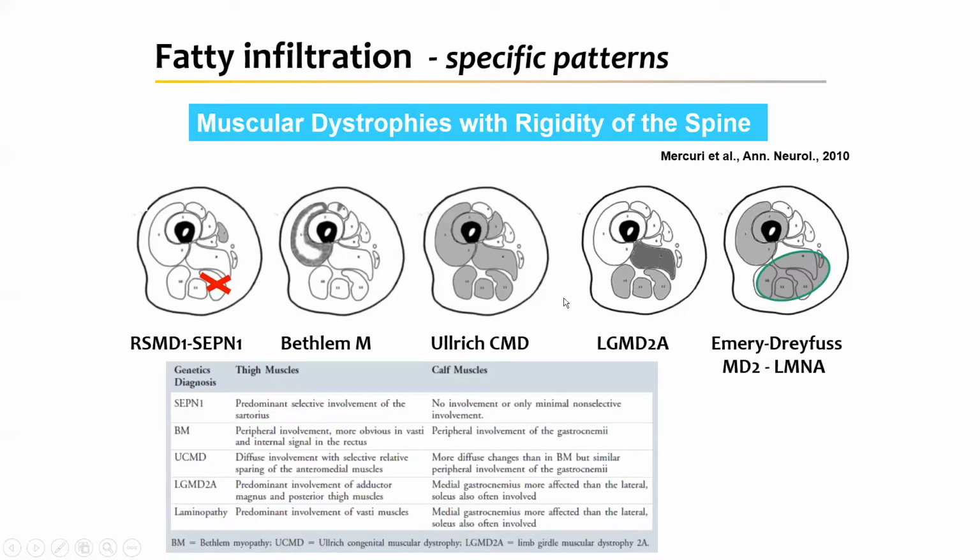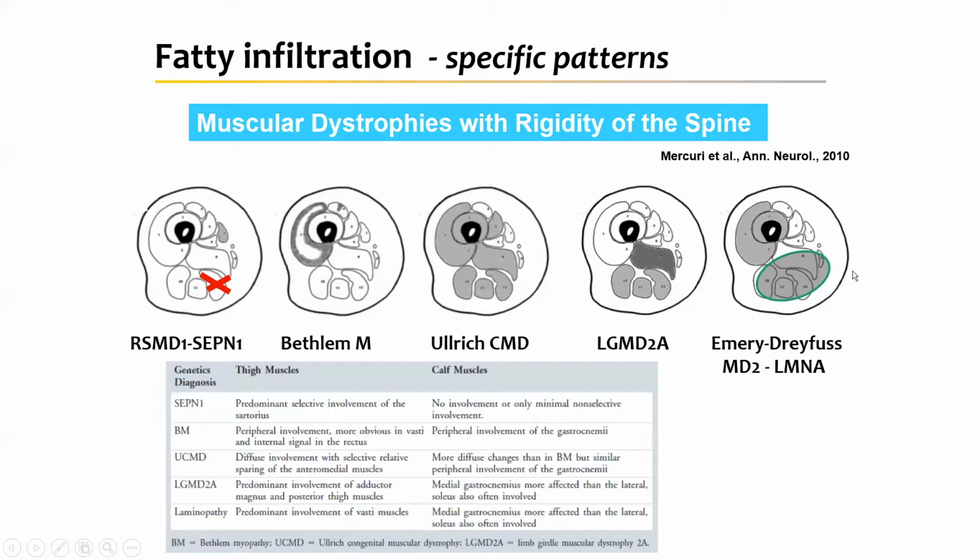In the case of calpainopathy, there's really a very preferential involvement of the hamstrings, with the adductor magnus being particularly affected. And for laminopathy, there are different cases. Sometimes it can be preferentially the lateral part of the quadriceps, but in other cases it can also be the hamstrings.